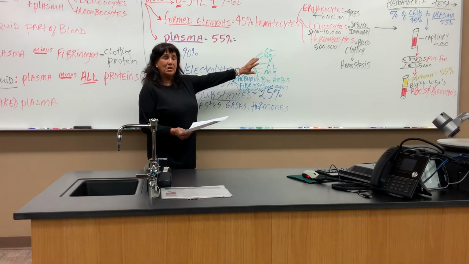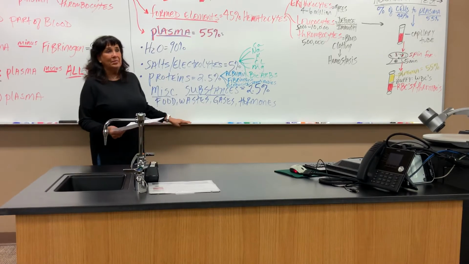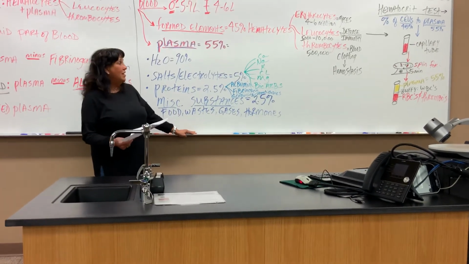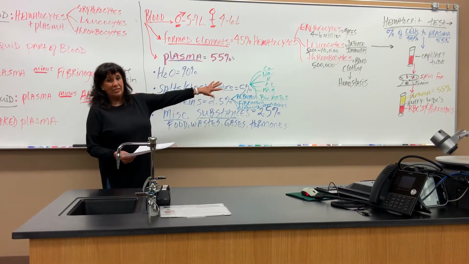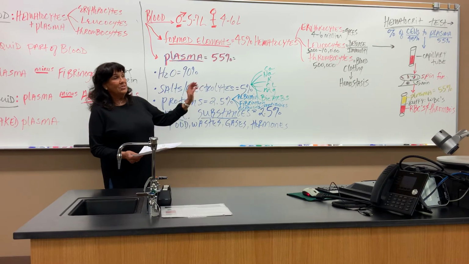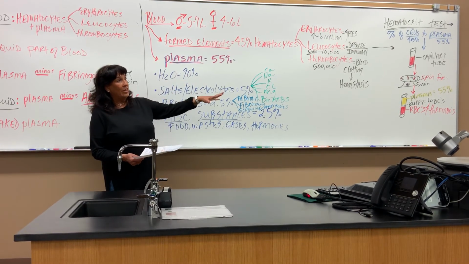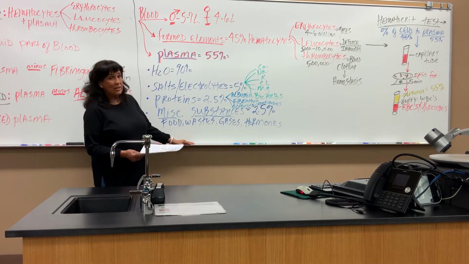So basically, bicarbs are very important to maintain pH, and then the salts are important in general, not only to run muscles and nerves, but also to maintain osmotic pressure in the cells and outside the cells, so for osmoregulation. So osmo always refers to water balance. Is it going to help water go into the cells, or is it going to suck it out and dehydrate it?